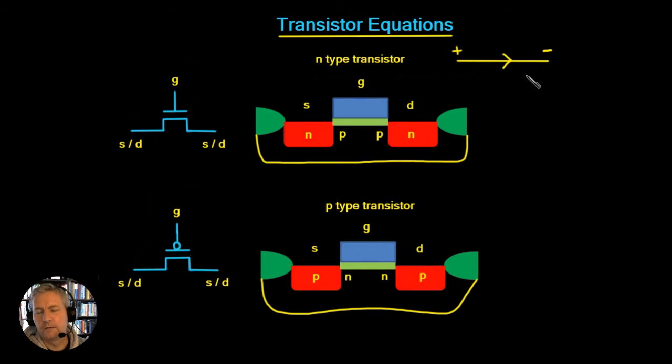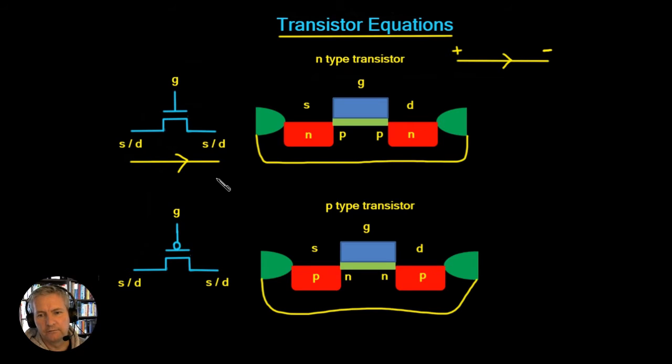So let's say, for example, we took this device here and we said that the current in this device is travelling in this direction. What we mean when we say the current is travelling in this direction is the conventional current. But that's not how electrons flow.